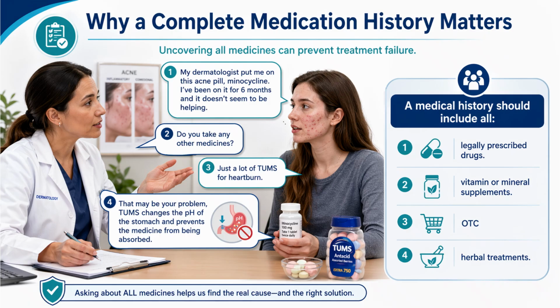Previously we talked about urine sequestering and keeping the medication there, but now we're talking about a different area. Tums is changing the pH of the stomach, and it's preventing the medicine from being absorbed. Again, this is creating a challenge. So make sure when we ask medication history, it's not a focus on prescription drugs, because this is what patients are going to think when they think medication history. But it's everything: legally prescribed drugs, vitamins, minerals, over-the-counter supplements, herbal treatments, all of the above.